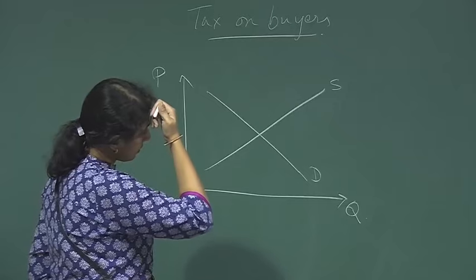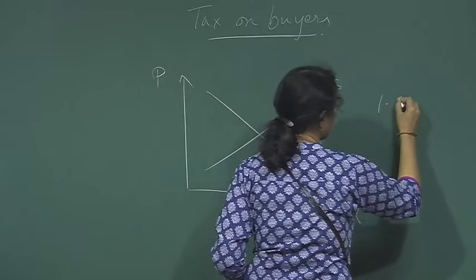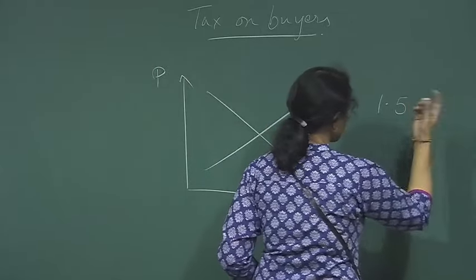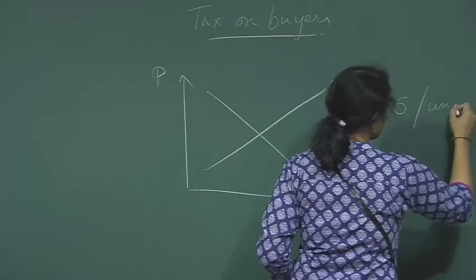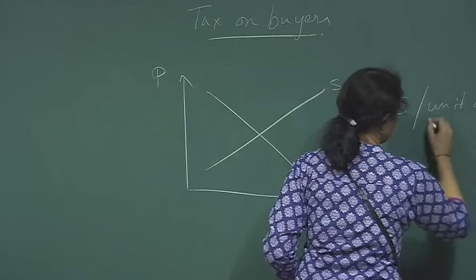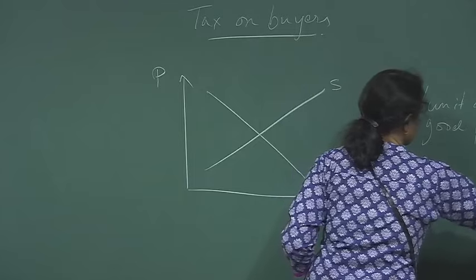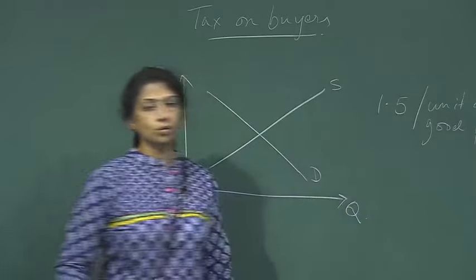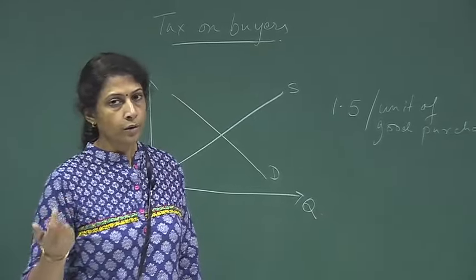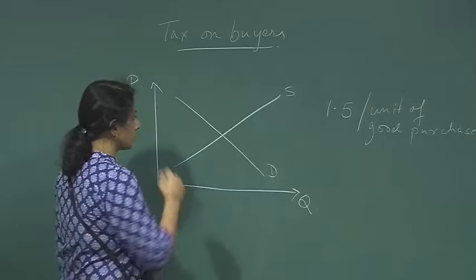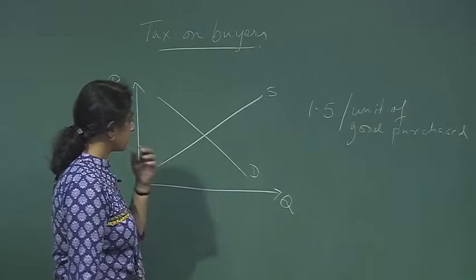And say there is a tax of rupees 1.5 per unit of the good purchased. So for every unit of the good that the consumer purchases, he has to pay a tax of 1.5 rupees. This is the tax that he is supposed to pay per unit of good, and this has been imposed by the government.